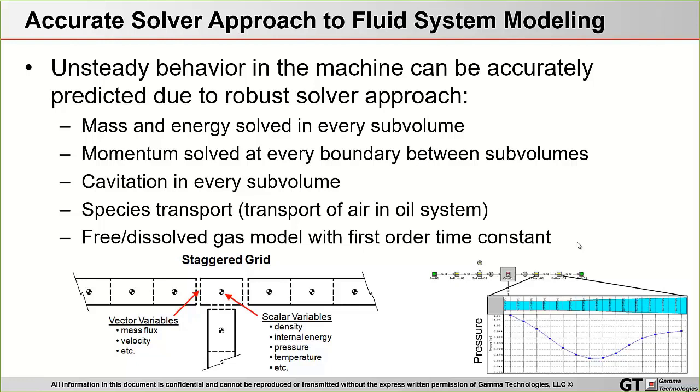And so what that means is we're solving for conservation of mass, momentum, energy, and species as well, using what's called the staggered grid approach, where scalar quantities like pressure and internal energy and so forth are solved at the center of every subvolume in the discretized network, and then vector quantities like mass flow and so forth are solved at the boundaries of these different flow volumes.